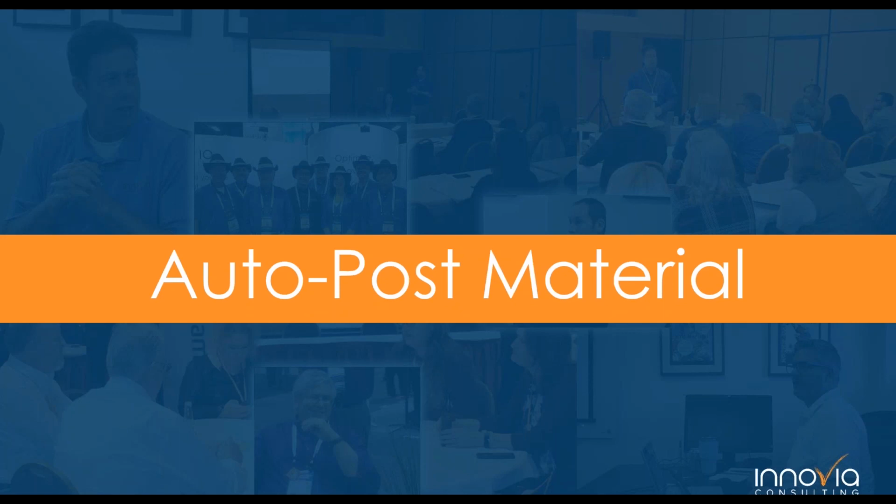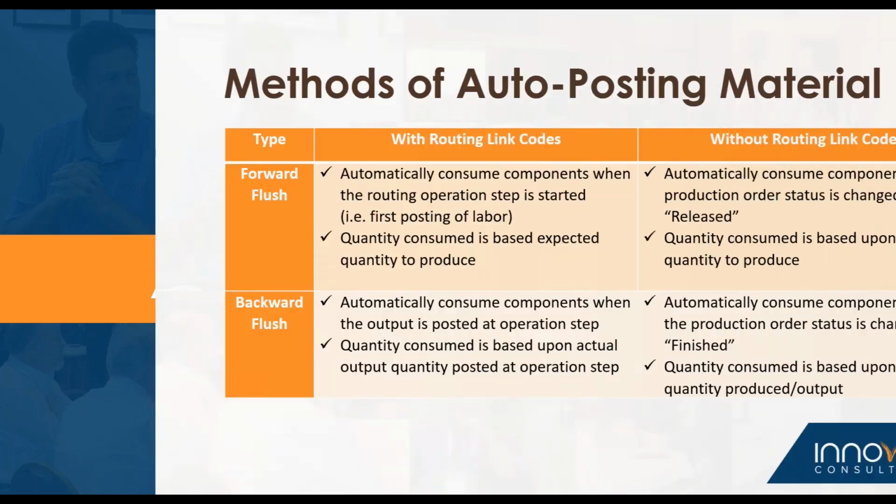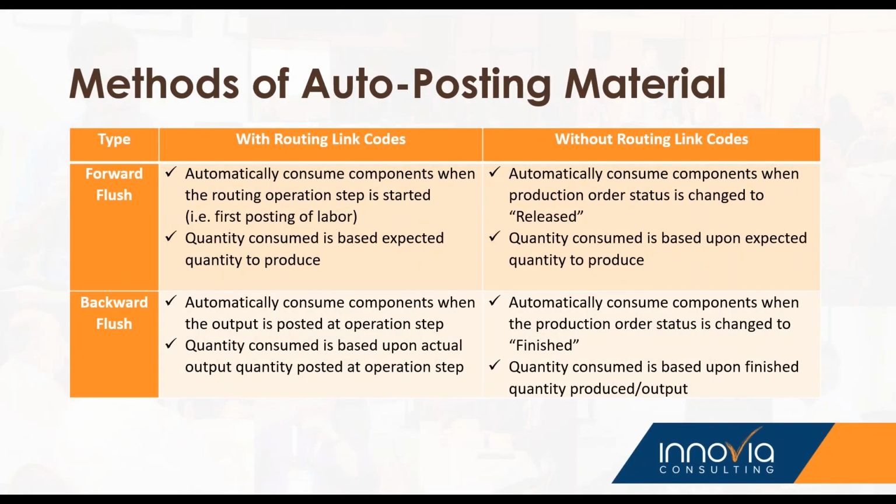All right, so the first area that John mentioned we're going to talk about is auto posting material. So consuming our raw material automatically. So let's look at some of the different ways that we could do that. For auto posting a material, there's 2 ways we can do that.